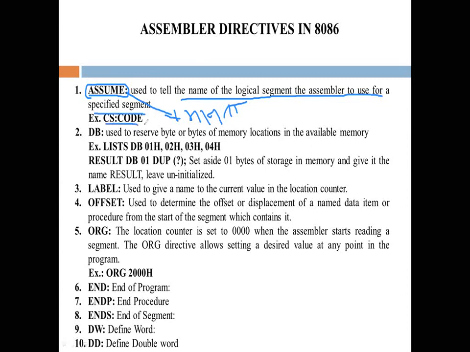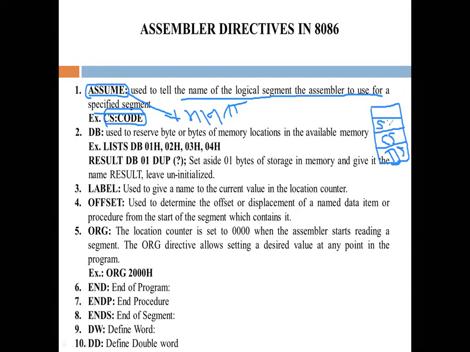Example: ASSUME CS:CODE. We can see this by a graphical representation. We know that memory segmentation is the most important part of the 8086 microprocessor. The whole memory is divided into four segments: data segment, code segment, stack segment, and extra segment.